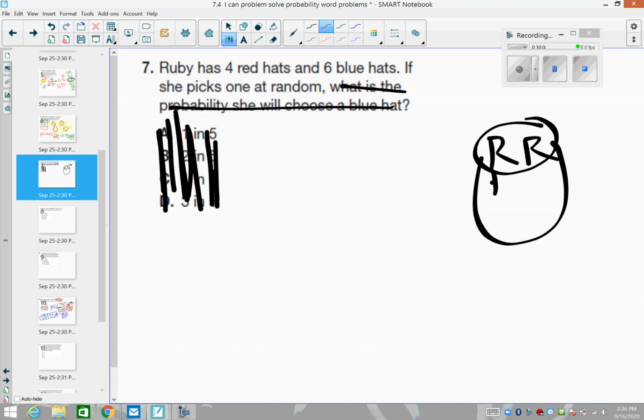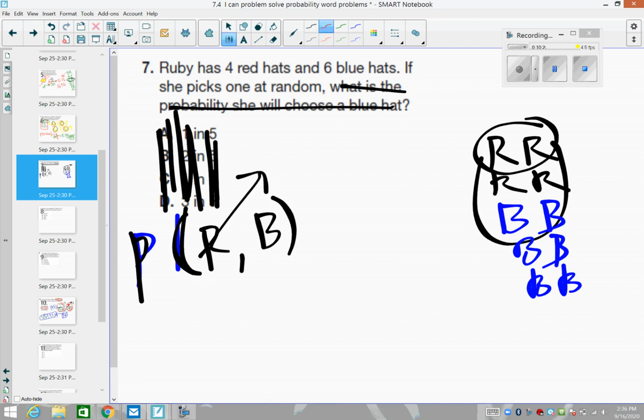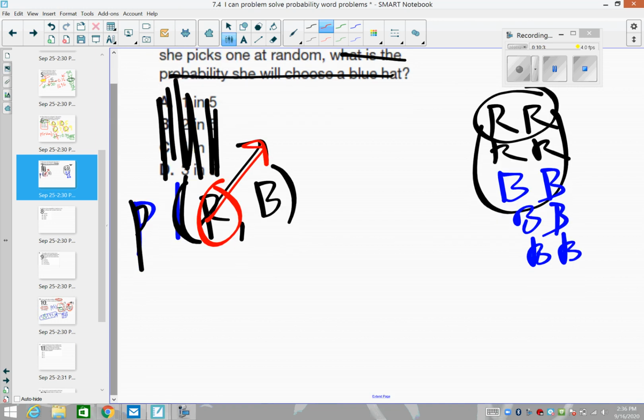What is the probability that she will draw a red hat and then a blue hat, noting that once the red hat comes out of the bag, it does not get replaced. So she wears the red hat, it gets all sweaty and gross, she decides to throw it away. Okay, so we have 4 reds and we have 6 blues.